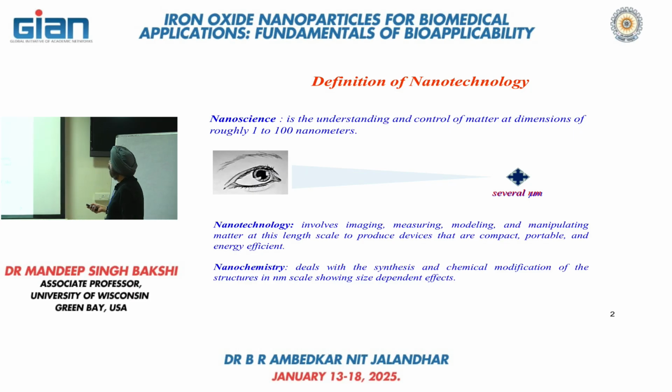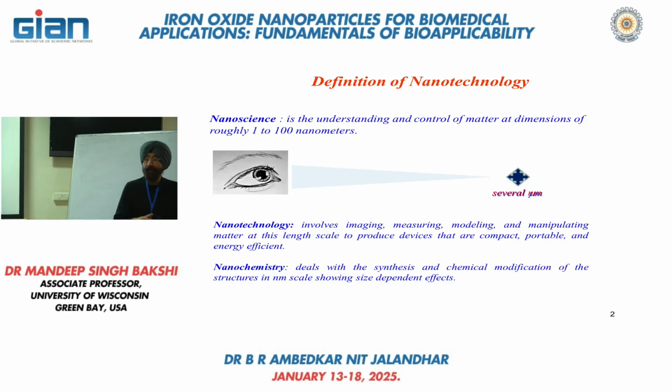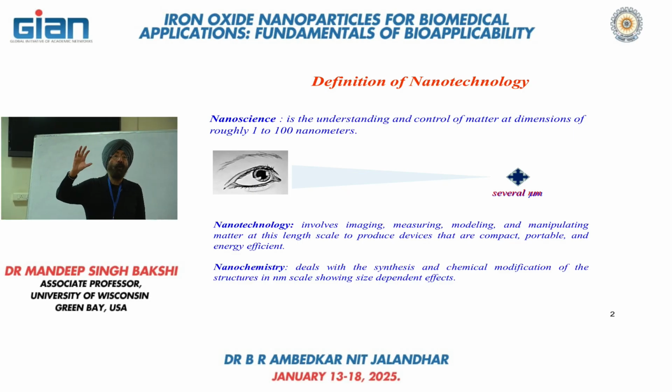Now, when the size of the object is in micrometers, mu stands for micro, 10 to the power minus 6, your naked eye has the ability to see this. As I told you, the thickness of the hair is from 10 to 20 microns. But if you have a whole blood sample, the size of the blood cell is from 4 to 8 microns.